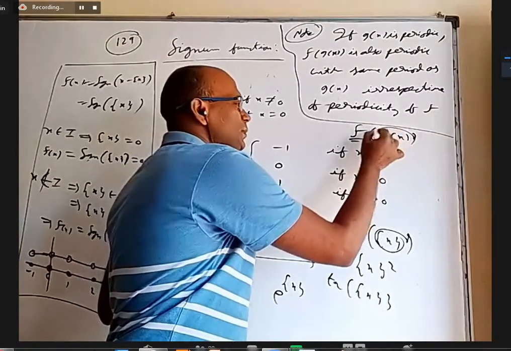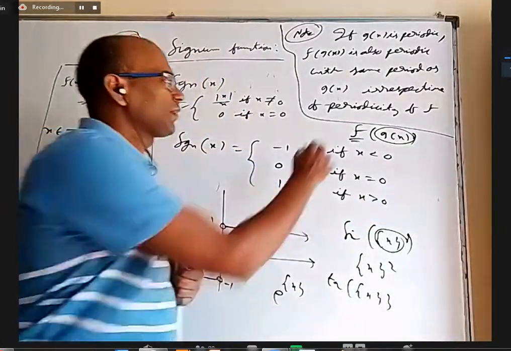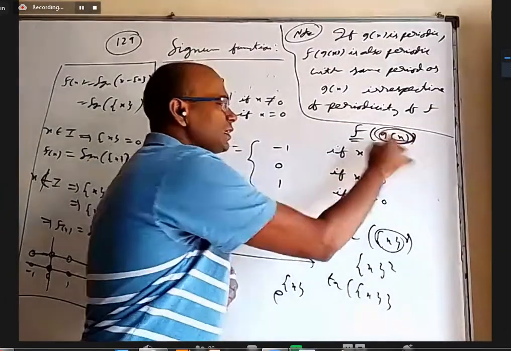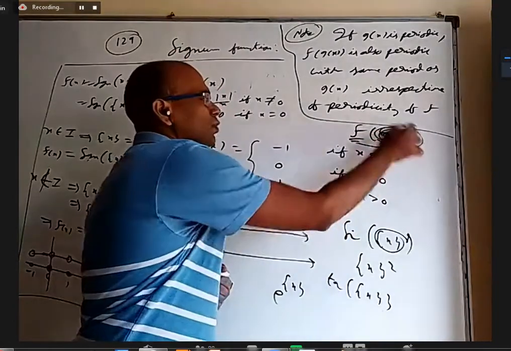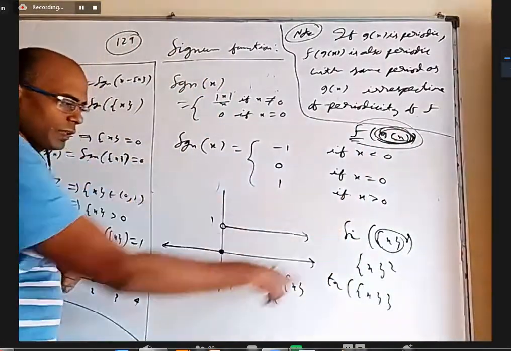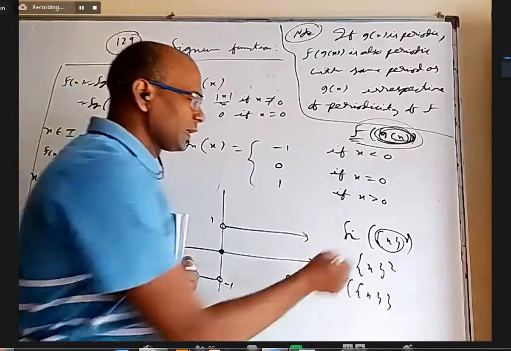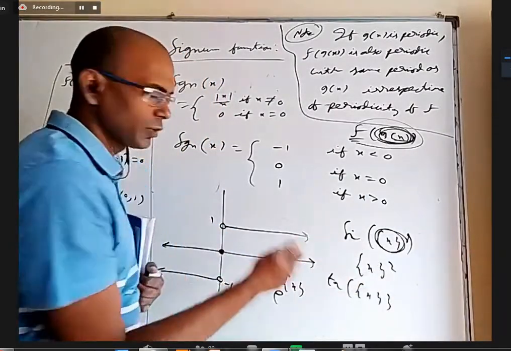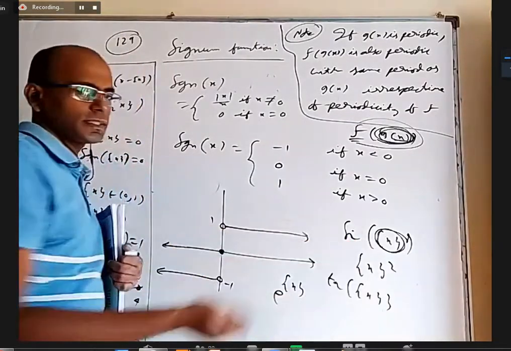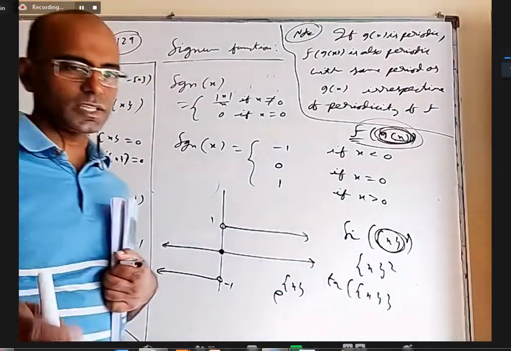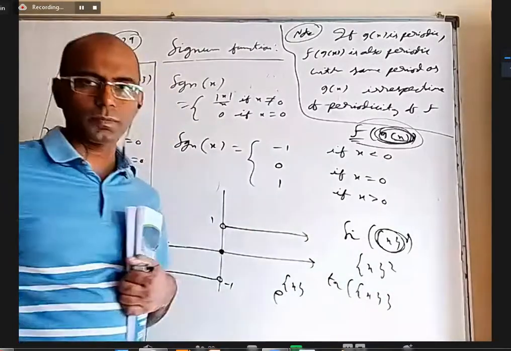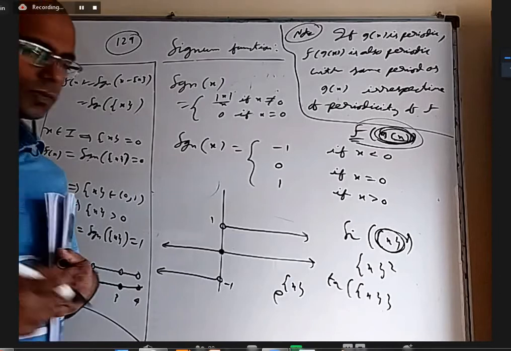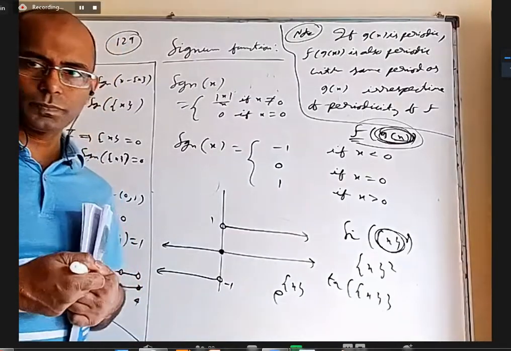If g of x has period capital T, f of g of x also has period capital T, because when you replace x with x plus T, there is no change in the inner part, so the total also has no change. In any one of them here, you replace x with x plus 1, and the fractional part of x plus 1 is the same as the fractional part of x. So this doesn't change. So if the period of the fractional part of x is 1, the period of all these is also 1. In the same way, the period of the signum of the fractional part of x is also 1. So without doing all that also, we can say that.